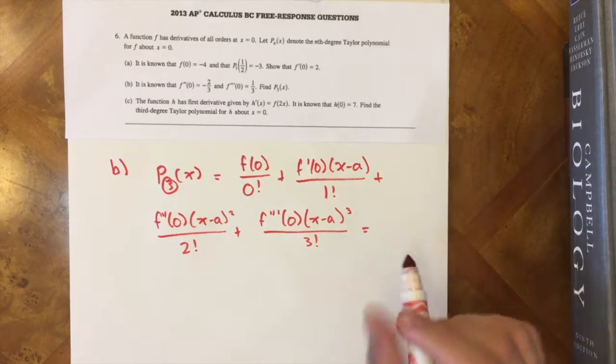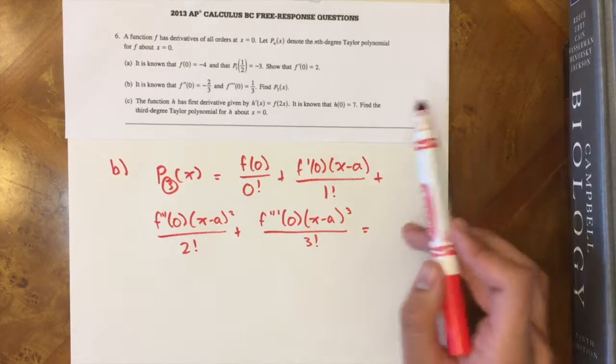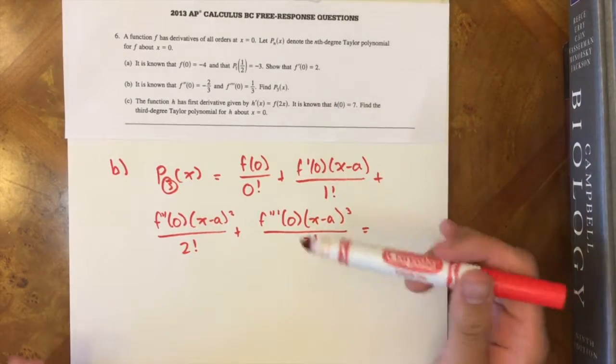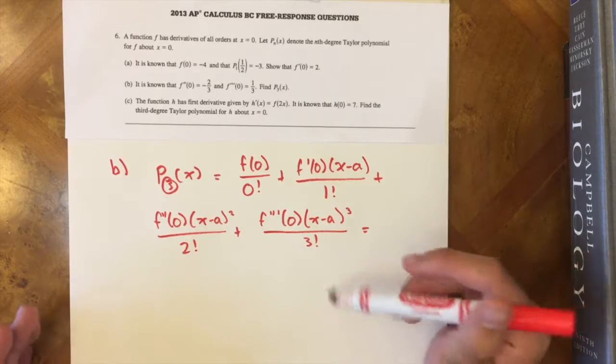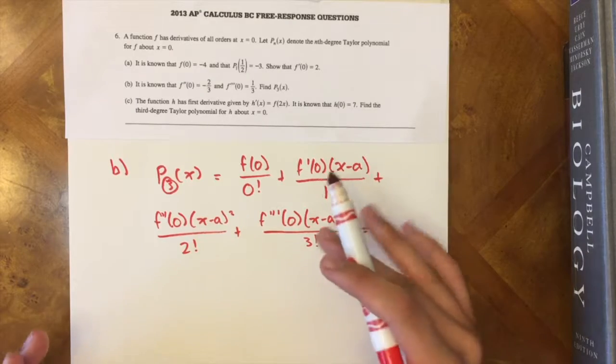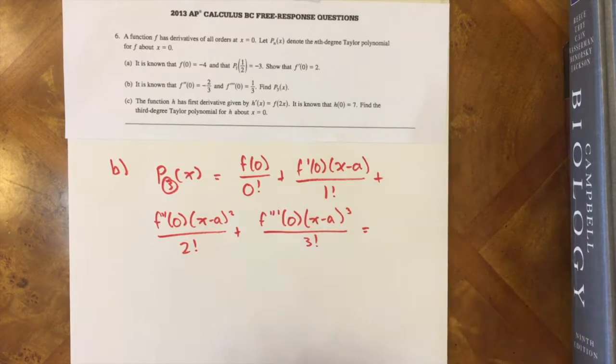So one tip just for this type of problem on the AP test is they give you a bunch of values. We're just going to plug and chug until we get a Taylor polynomial just with x's, no a's, no f primes of anything, just x's. All we need to do is plug and chug.